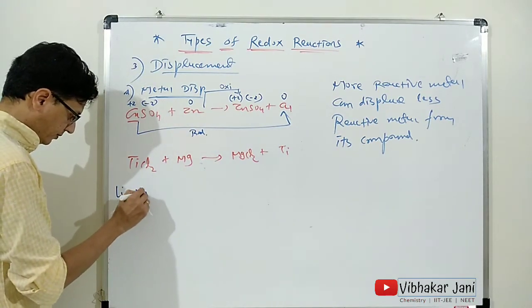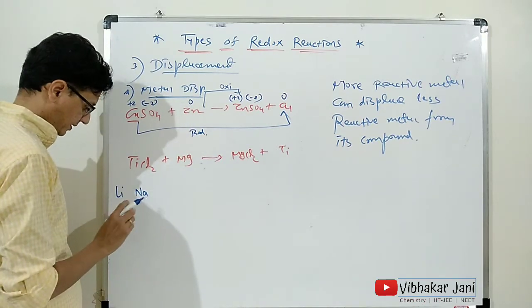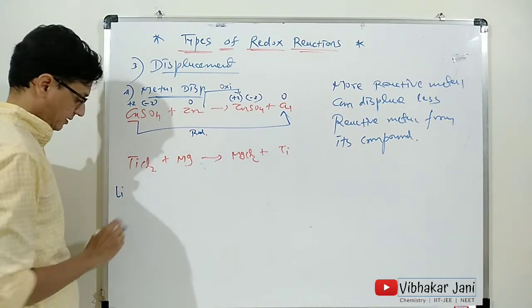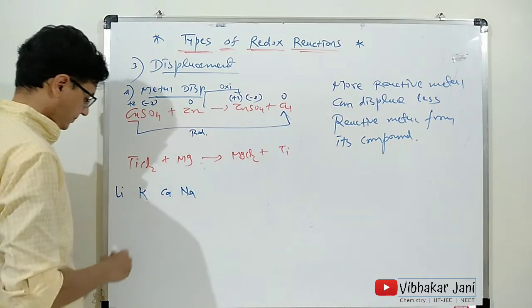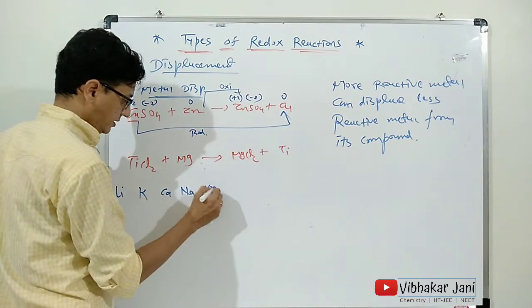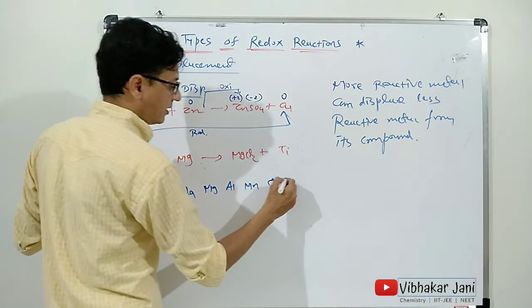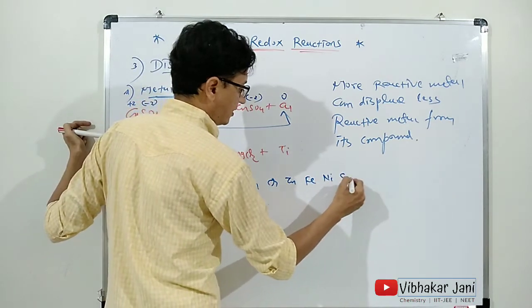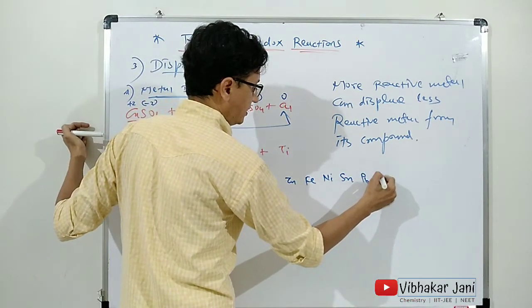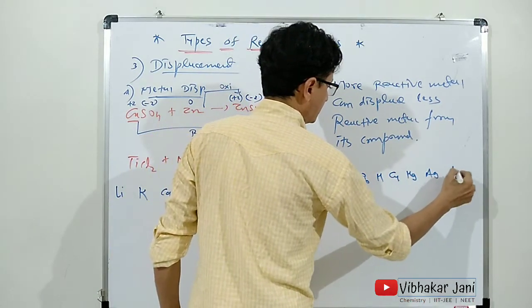Lithium, sodium, potassium, calcium, Mg, Al, Mn, Cr, Zn, Fe, Ni, Sn, Pb, H, Cu, Hg, Ag, Au.